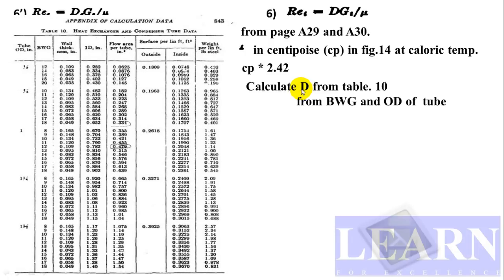I'll show you the sample picture of the table over here. So outer diameter will be known over here, and then we'll know the BWG. Let us assume that if the outer diameter is 1/4 inch and BWG is 13, then D will be 1.08.